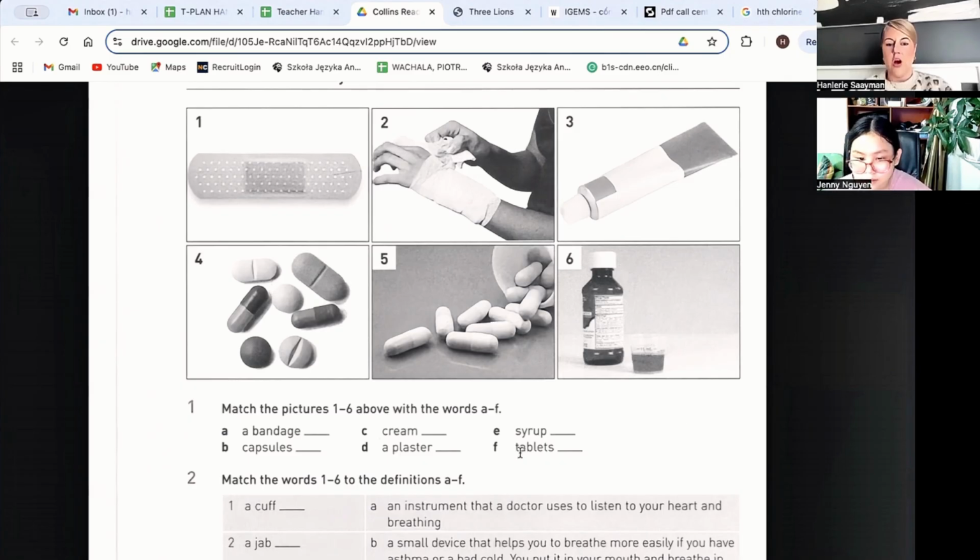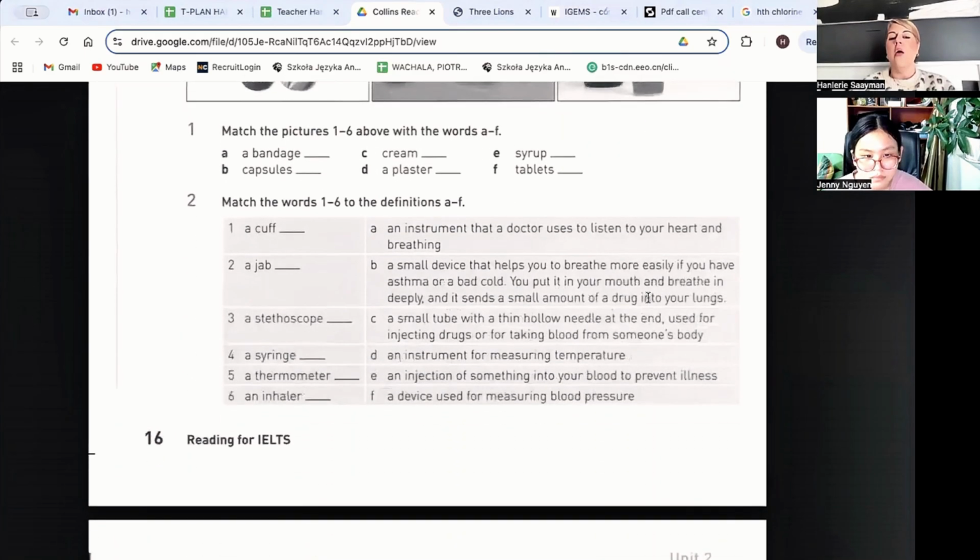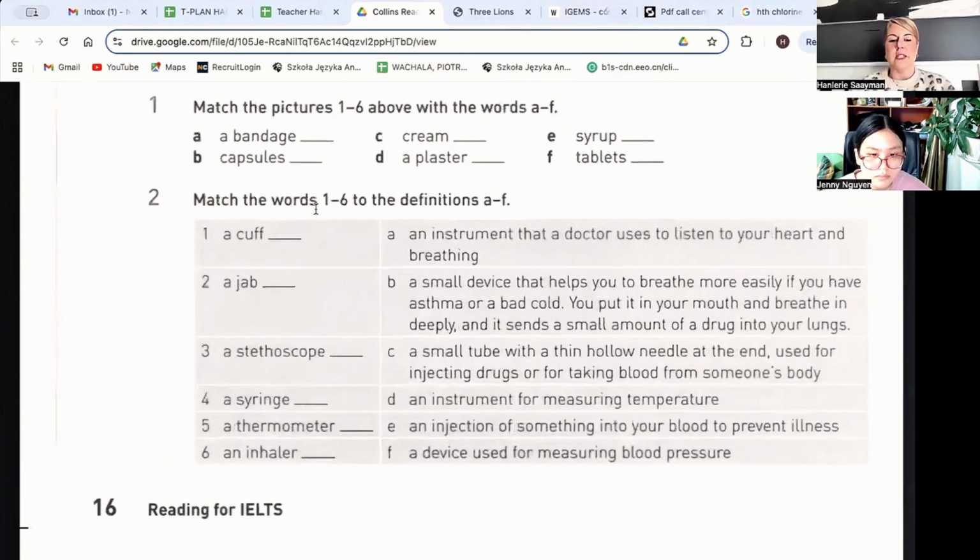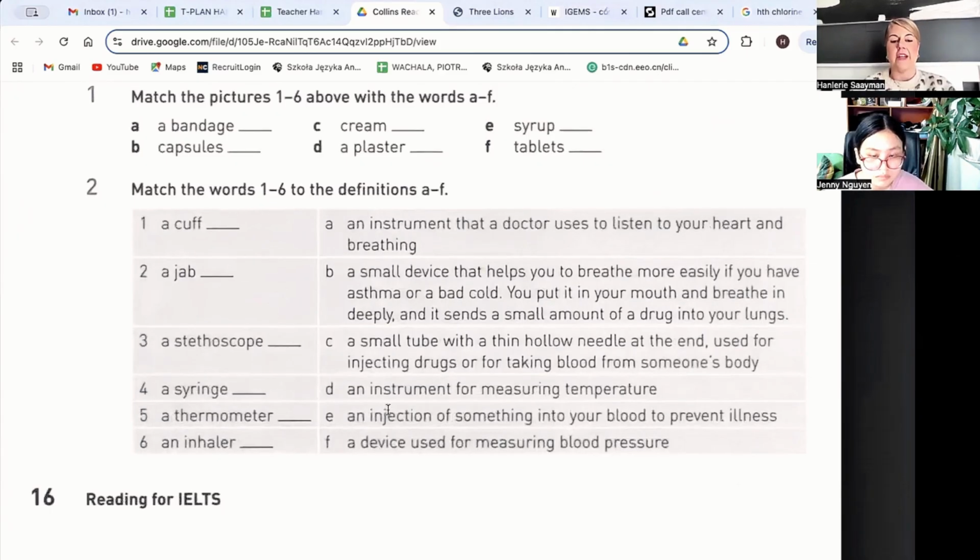A tablet. Yeah, so that's a tablet. Capsules are the ones in a plastic container that you can swallow. Okay, I get it. And then the last one, number 6. Syrup. Yeah, well done.